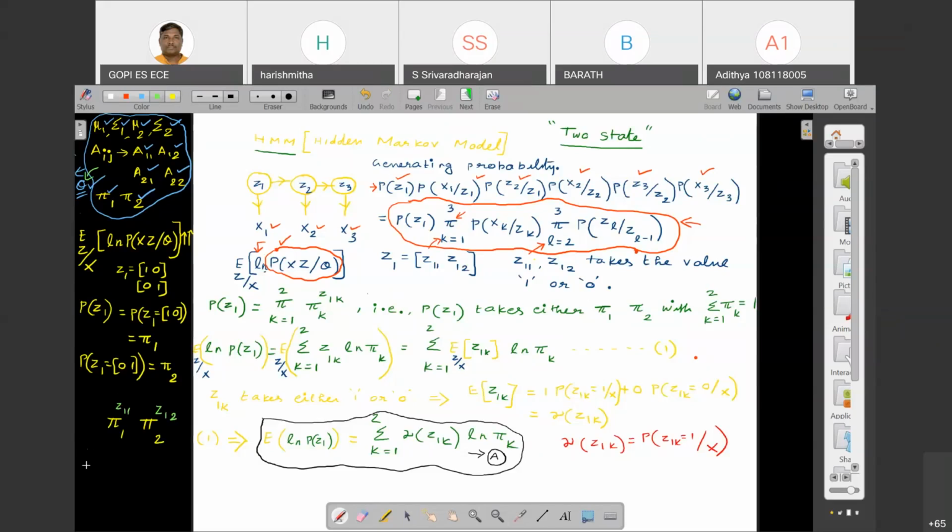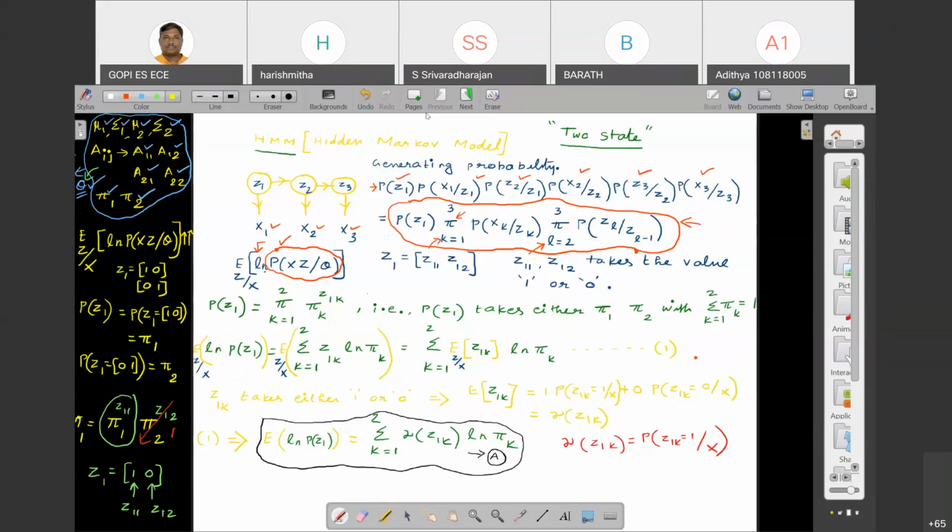If Z1 takes 1, 0, this is Z11 and this is Z12. In that case, when Z11 is 1, this will be pi 1, and pi 2 to the power 0 becomes 1. Hence the result ends up as pi 1. This is a trick we are going to adopt here.